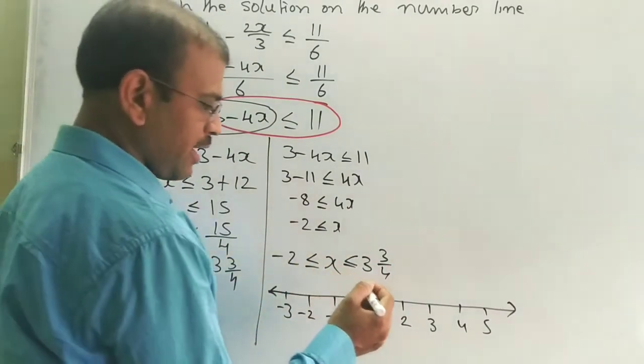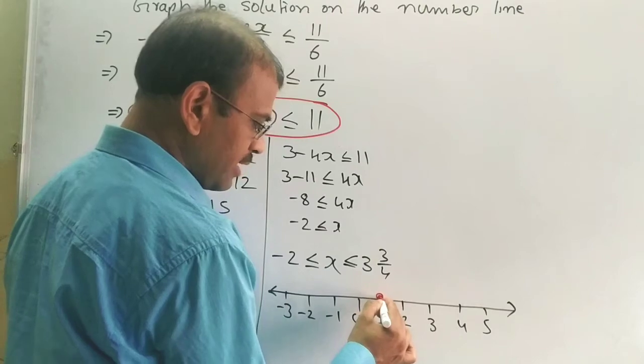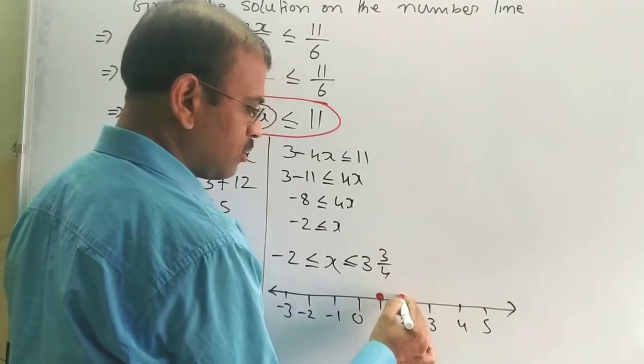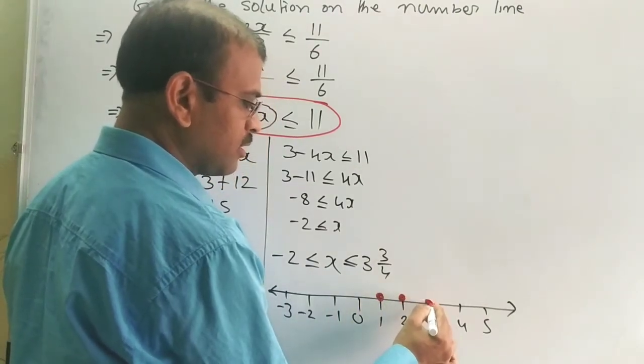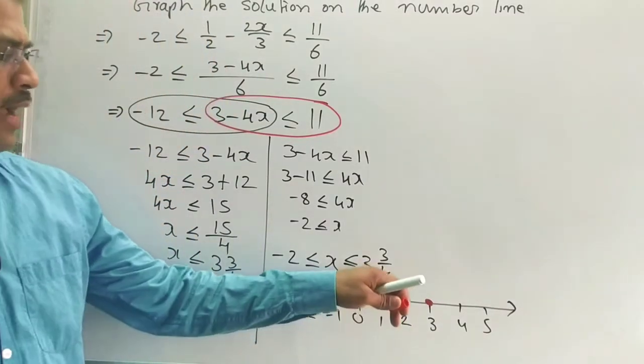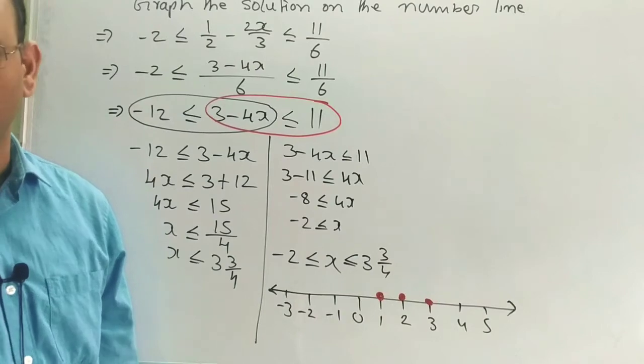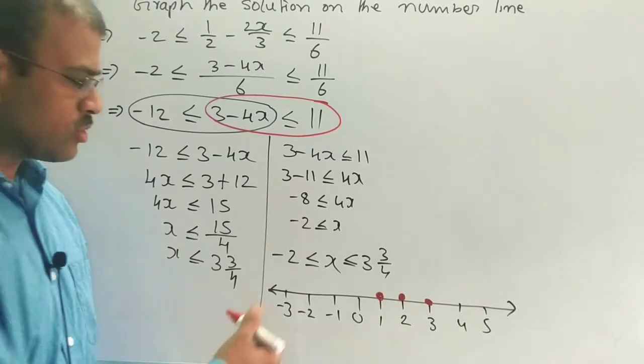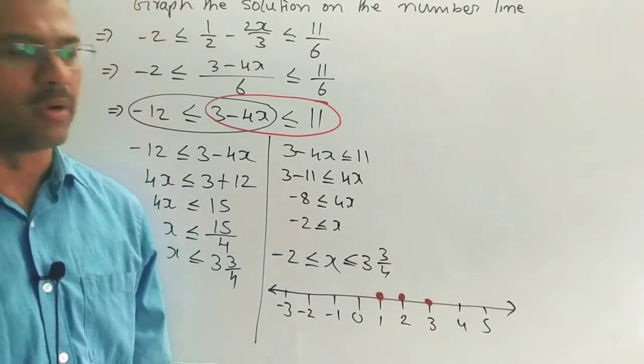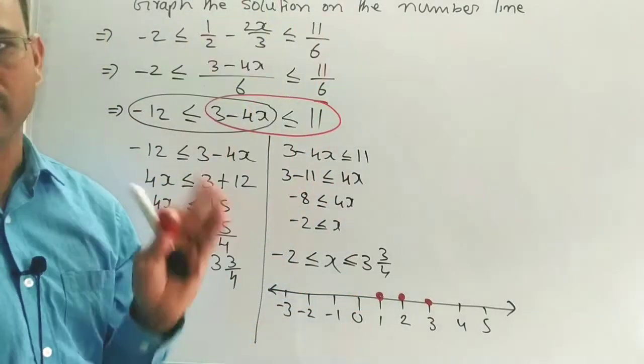Only natural numbers I have to count. Natural numbers don't contain the fractional part, so we ignore it. So we only have to plot it as natural numbers. This is the solution for the given question.